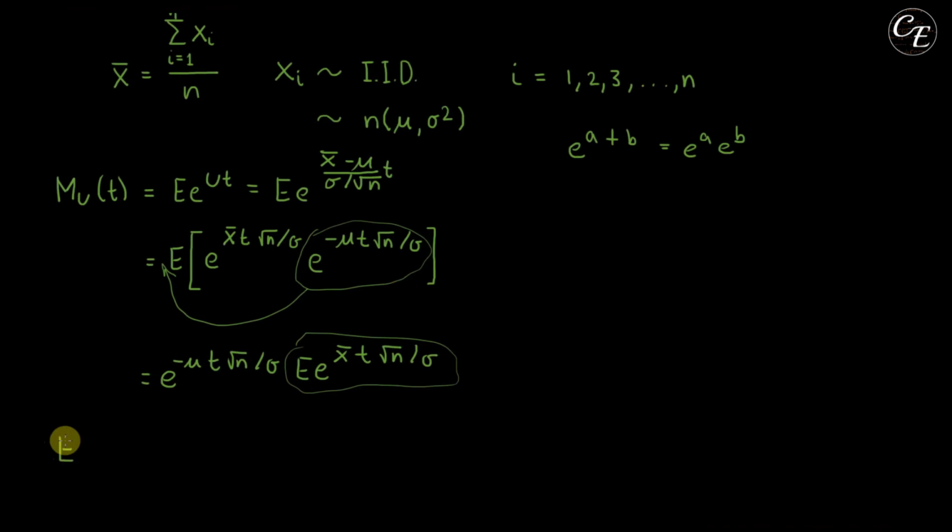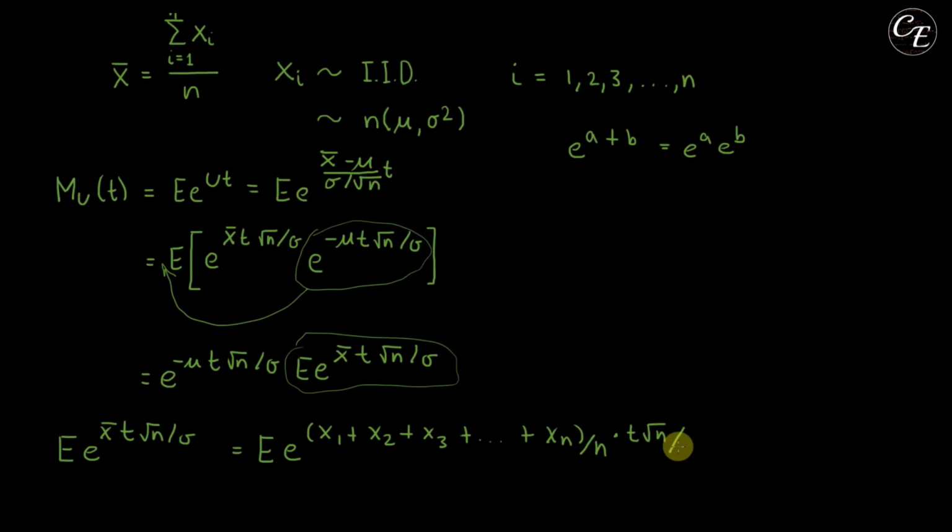So we have the expectation of e raised to x bar times t times square root of n over sigma, and then using this formula for the x bar, we have the expectation of e raised to x sub 1 plus x sub 2 plus x sub 3 plus etc. until x sub n, over n, and then being multiplied by t times square root of n over sigma.